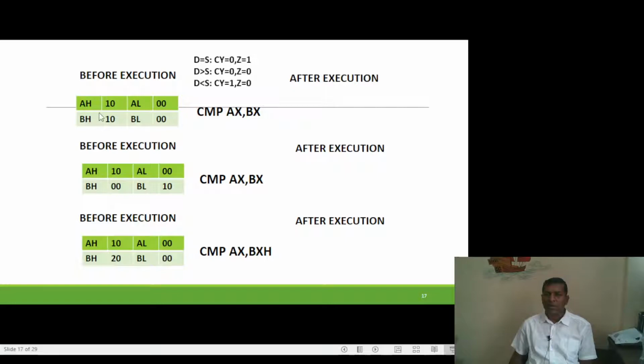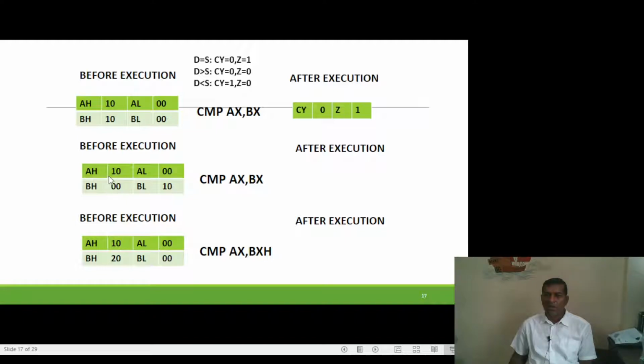So here we have AX as the destination and BX as the source. AX and BX both are the same, so we will get the zero flag set. Then we have to compare AX comma BX.